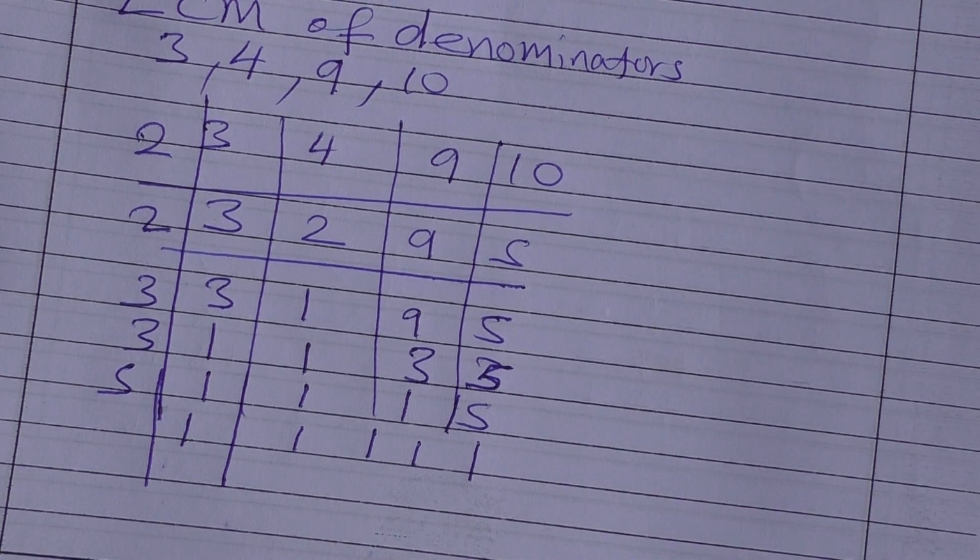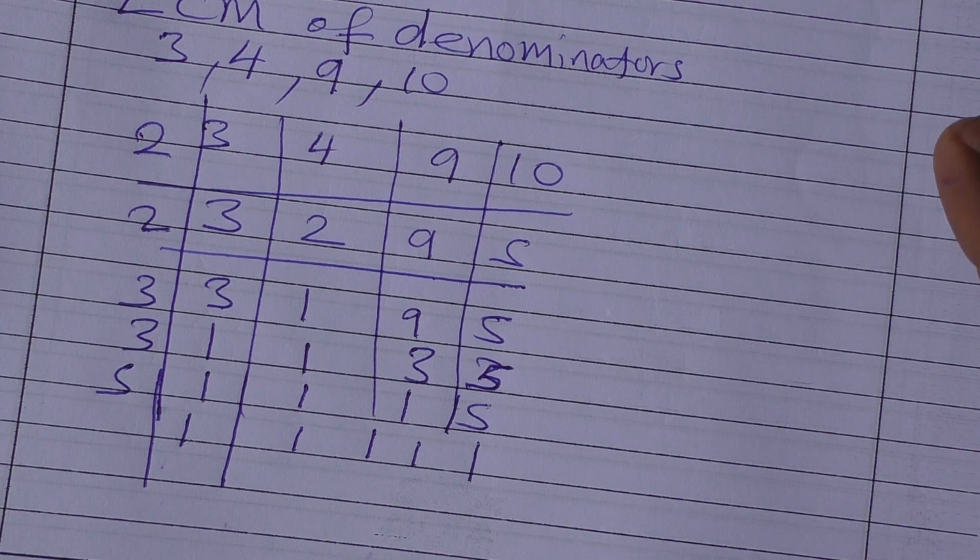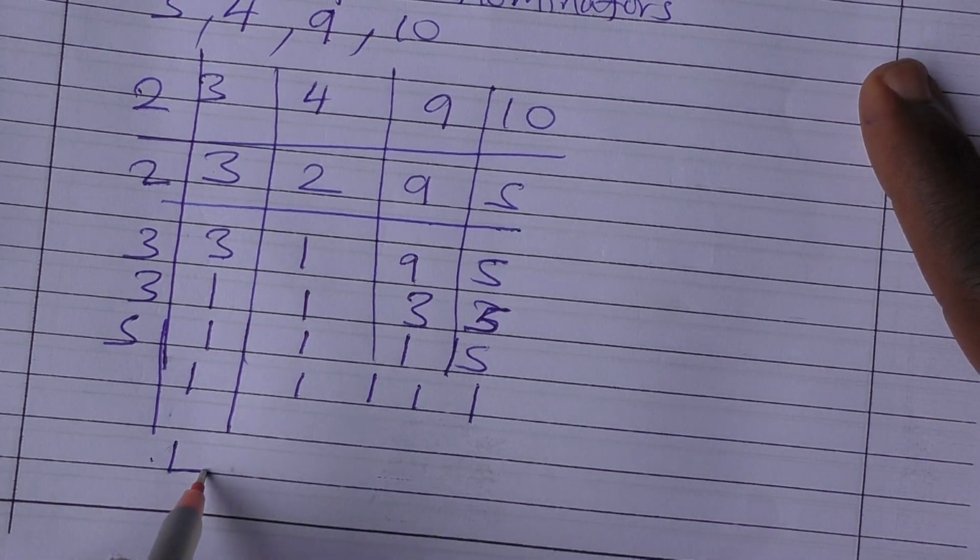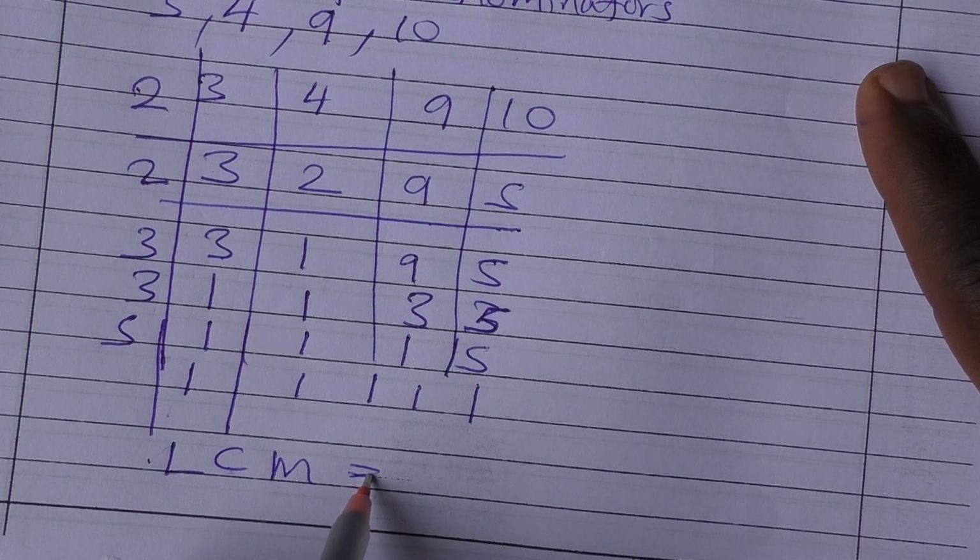After decomposing our denominators, we get the LCM by multiplying the divisors.